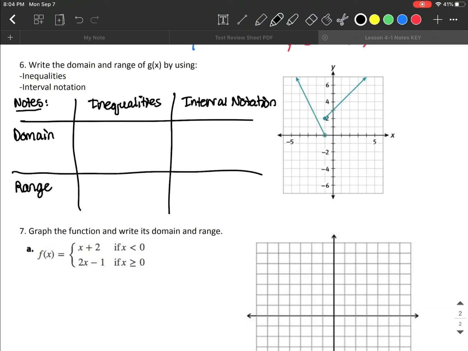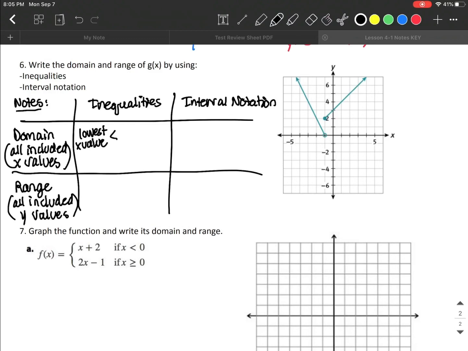All right, so domain, as a reminder, just means all included x values. And range means all included y values. If I wanted to write the domain in terms of inequalities, I would write the lowest x value is less than x, which is less than the highest x value.